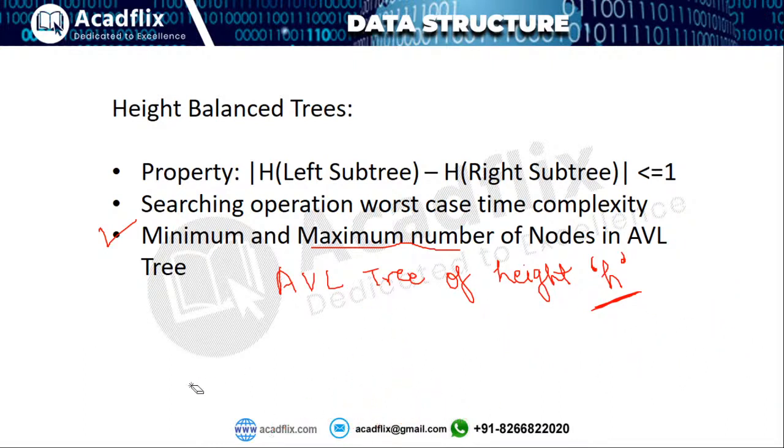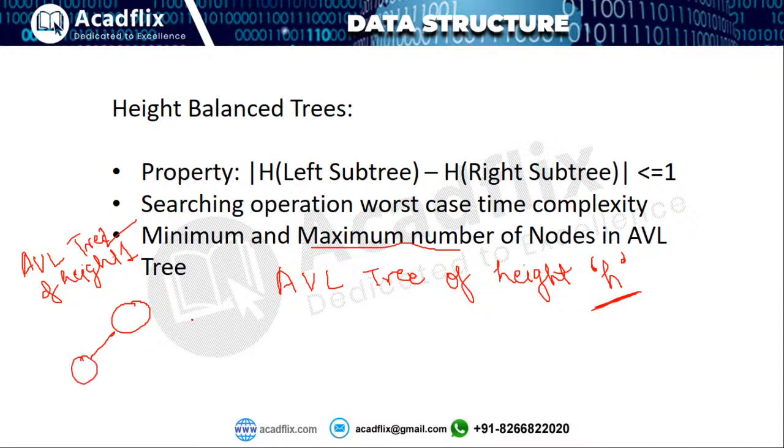So now I have to construct an AVL tree of, let's say, height 1, with the minimum number of nodes. So I am first of all drawing this particular case, an AVL tree of height 1 with the minimum number of nodes. Then this is how my AVL tree will look.